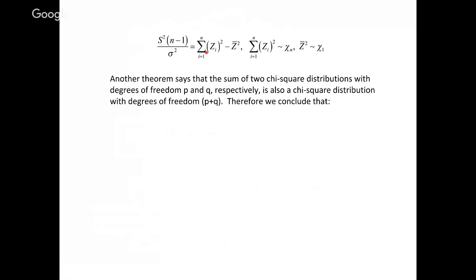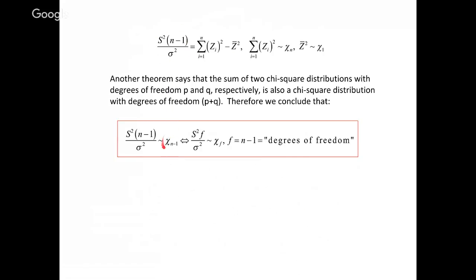And so we have n minus 1, and that means that the random variable for our sample variance is going to be chi-square distributed with n minus 1 degrees of freedom. If we let f equal that degrees of freedom, n minus 1, then we conclude that this is the distribution for our sample variance.